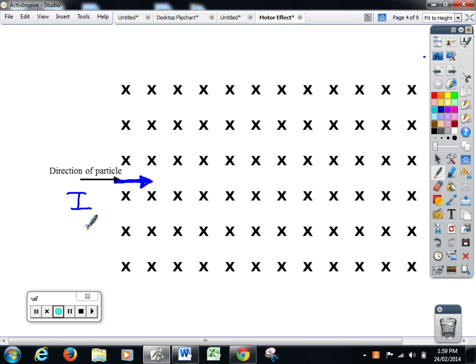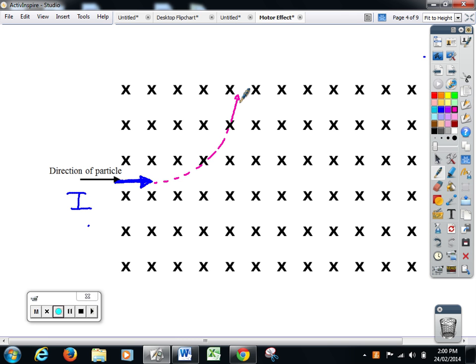Now we know from the principle we just did a few moments ago that there will be a force on this particle, and it's going to act always at right angles to its motion. And as it acts at right angles to its motion, it will move in what shape? Circle. So it's going to start being pushed into a circle. It has two options. It will be pushed in a circular path in that direction.